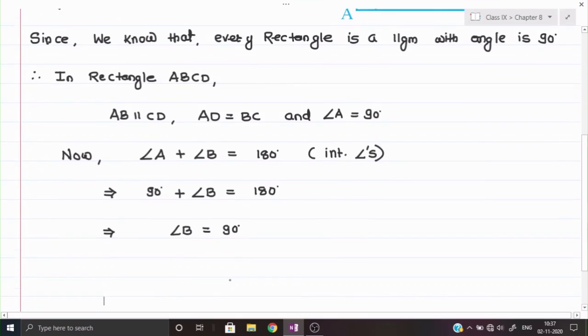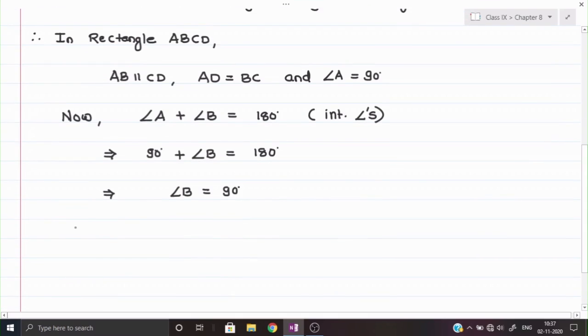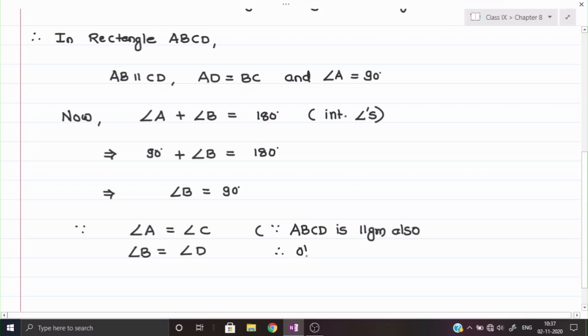Now we shall write down at last, since angle A is equal to angle C and angle B is equal to angle D, we can say that since ABCD is a parallelogram also, therefore opposite angles of a parallelogram are also equal.